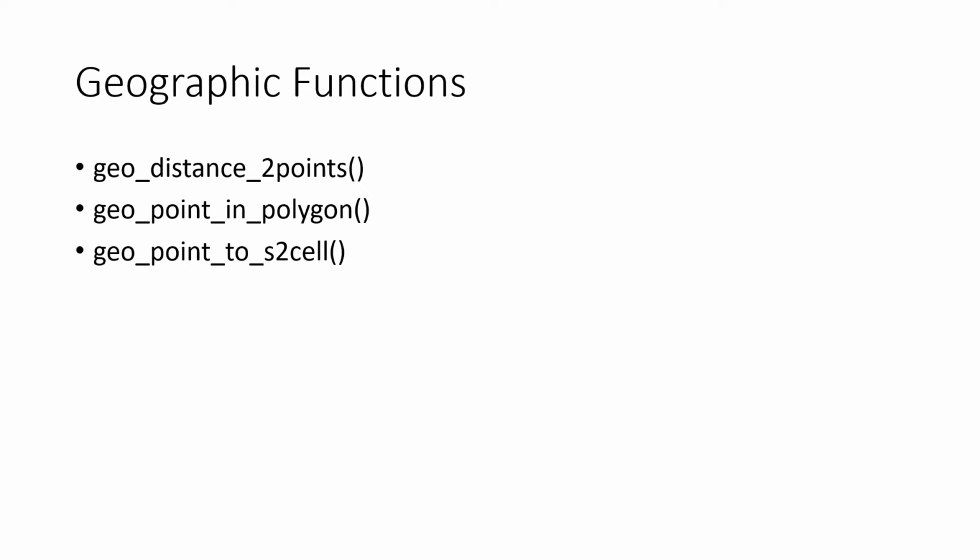GeoPoint in polygon returns a Boolean, true or false, depending on whether or not a point is inside of a given polygon. You pass in a latitude and longitude and a polygon object, and it returns true if that point is inside the polygon, false if it's not. GeoPoint to S2 cell converts a latitude longitude into something called an S2 cell value, and I'm going to talk about that a little bit later and why that's important.